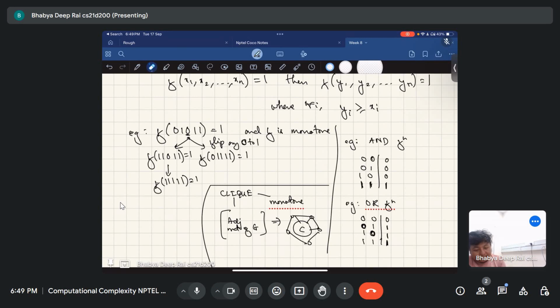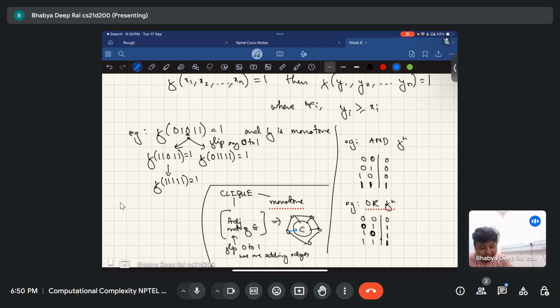now if I flip any 0 to 1, what does it mean? We are adding edges to the graph. So I add, suppose, this edge. Flipping a 0 to 1 means I'm adding an edge to the graph. No matter where I add an edge, the clique will still be there.